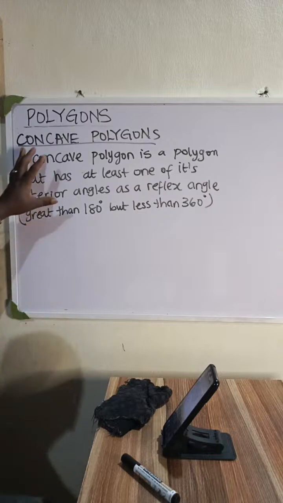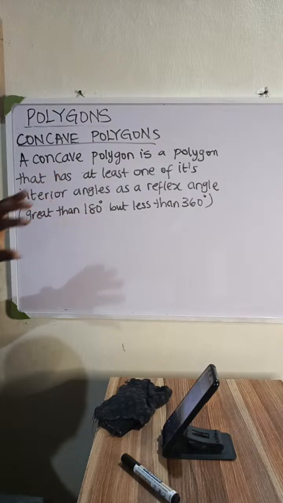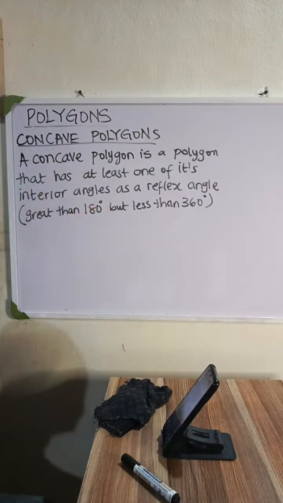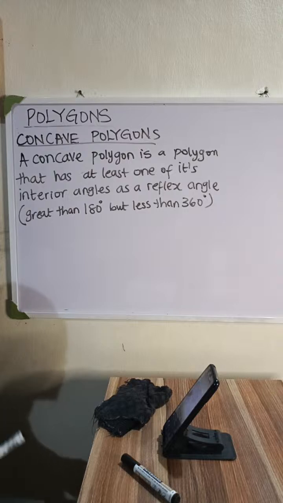So whenever I see a polygon with one of its angles as a reflex angle, that polygon is called a concave polygon.